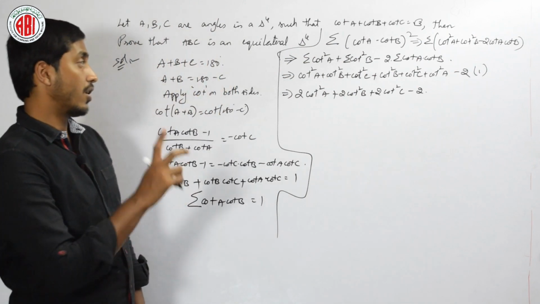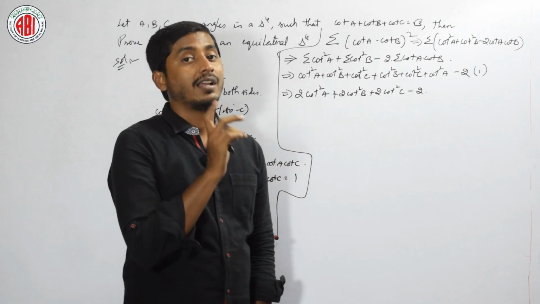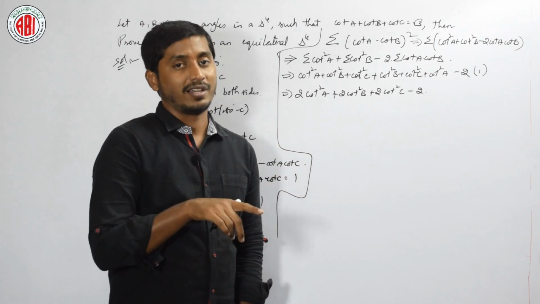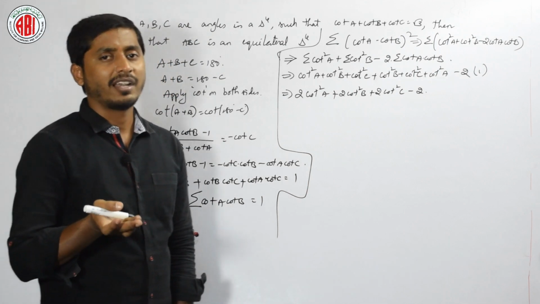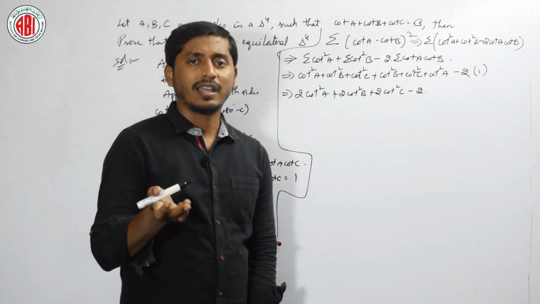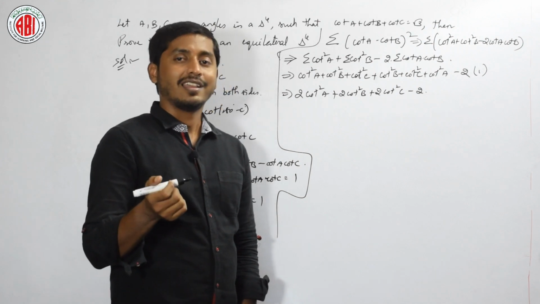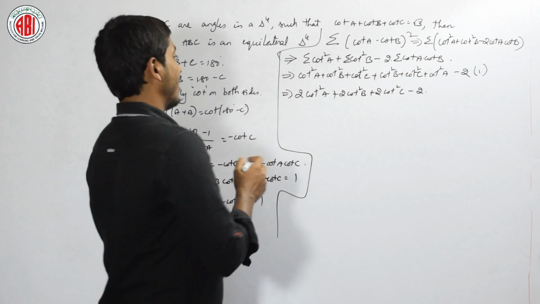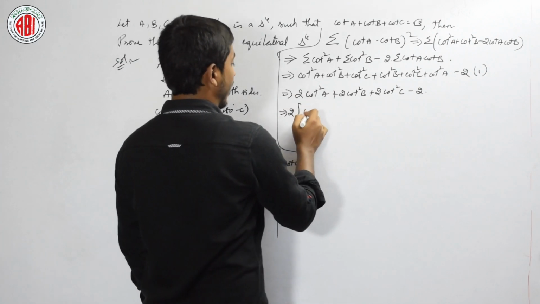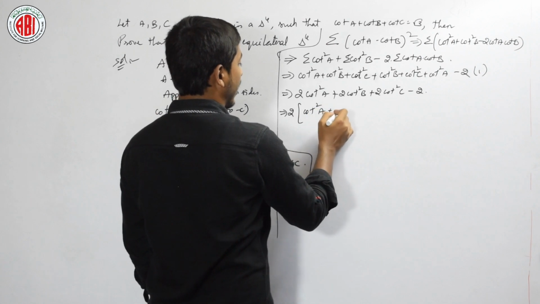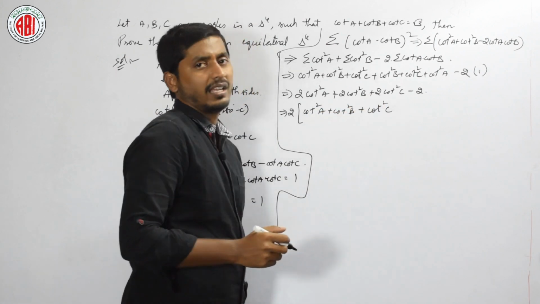It will become cot square A plus cot square B plus cot square C. Similarly, it is in the form A square plus B square plus C square, that can be written as A plus B plus C whole square minus 2AB minus 2BC minus 2CA. Shall we do that? If I take 2 common, it will become cot square A plus cot square B plus cot square C, right.